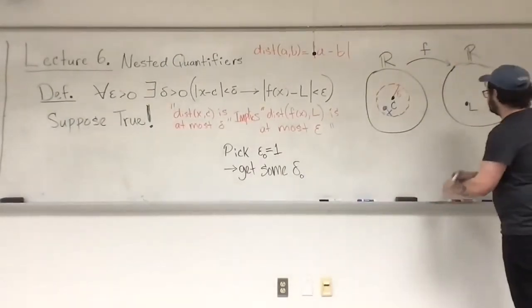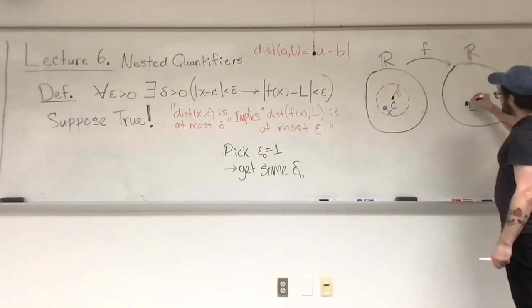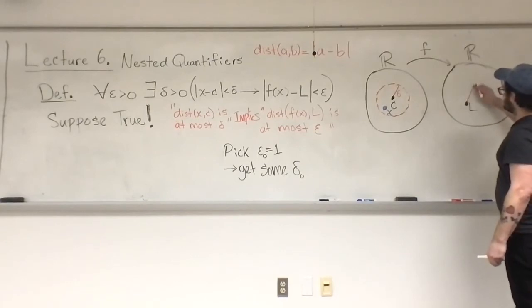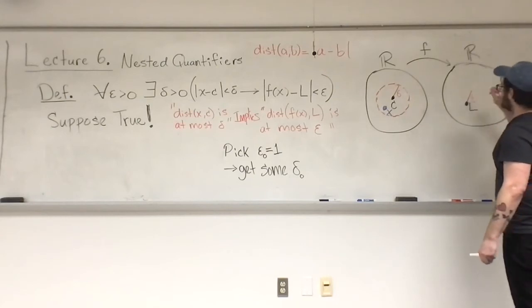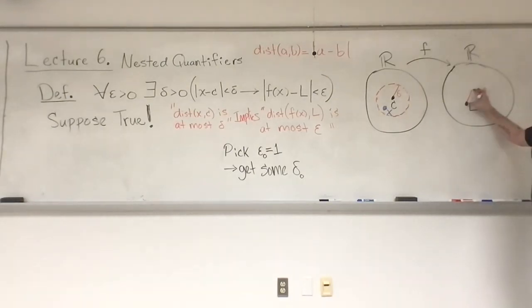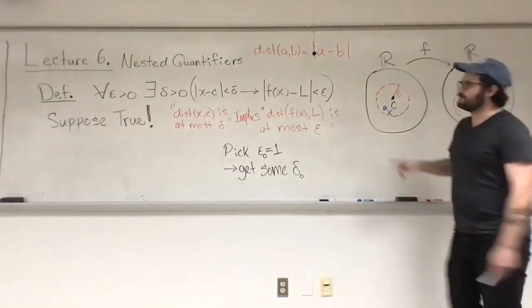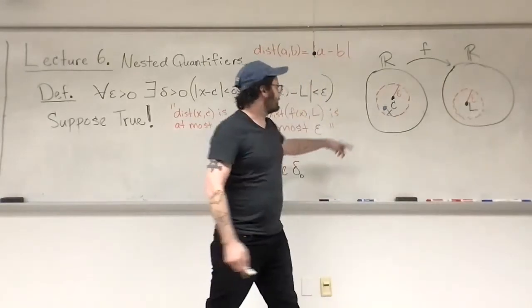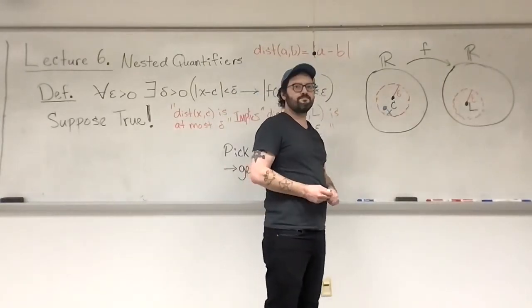So I'm going to do the same thing with epsilon. Maybe it'll be a little bit smaller. There's epsilon, length epsilon there. I'm just going to make a little ball around L. So anything in that ball is within distance epsilon to L, right? Now we know something about where that blue X gets sent.